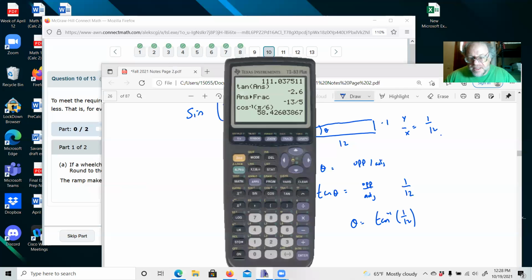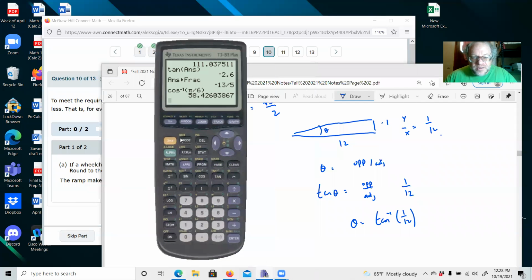So we're just going to say inverse tangent, second function tangent, 1 over 12, and that's going to give us our angle. What mode are we in? I think we're in degree mode. Let's just double check. We are in degree mode.